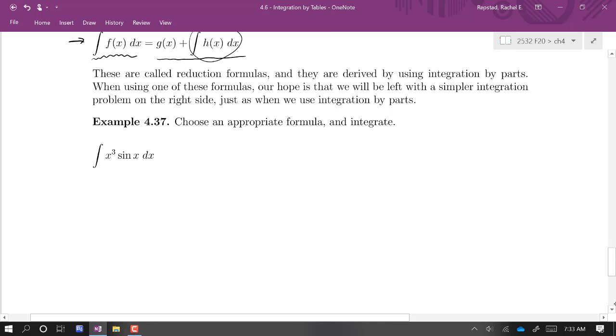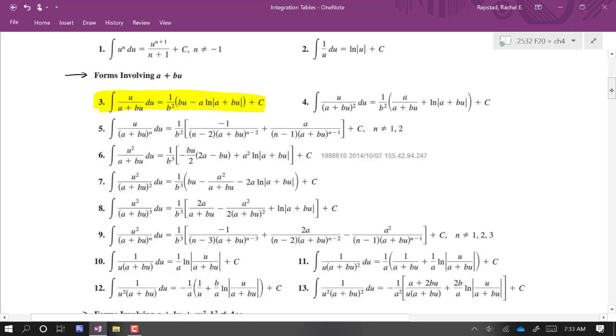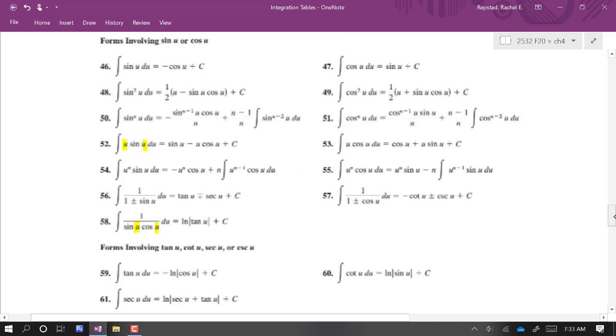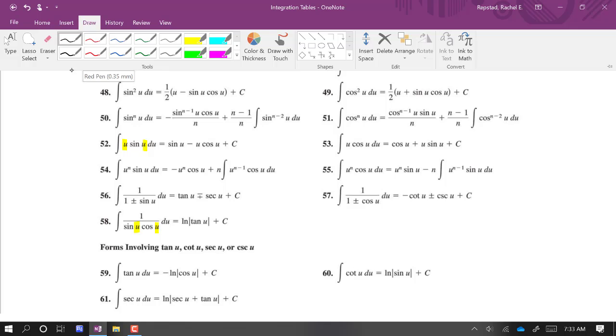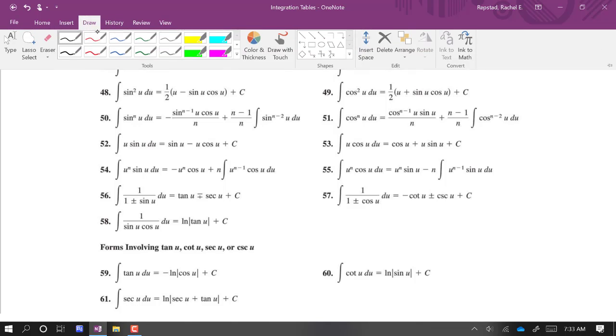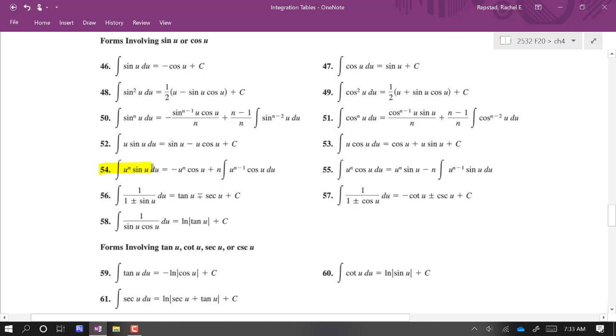Let's try one. Here we have the integral of x cubed times sine x. So I am going to look at forms that involve sines and cosines. And if you look at, we have a power of x times sine. So I think what we want is number 54, and that's a reduction formula.